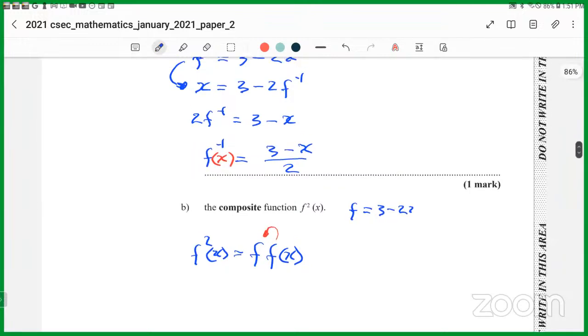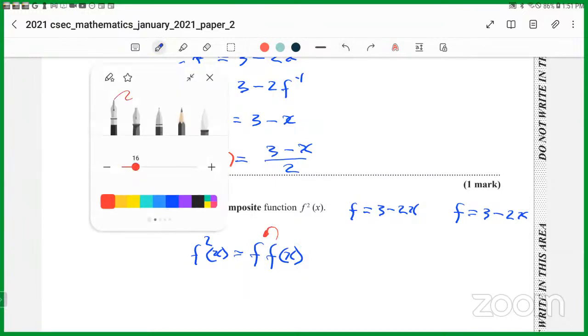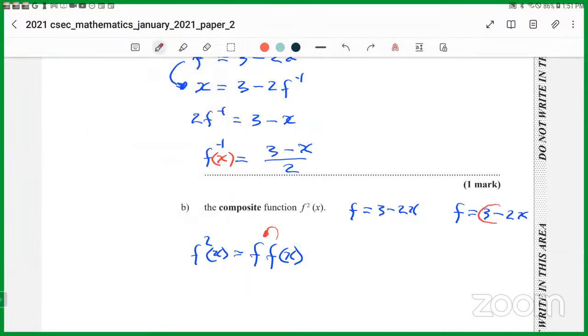And I have f again equals 3 minus 2x. And this means I'm substituting one into the next, right? So I'm taking this f and substituting it back into f where the x is right here.